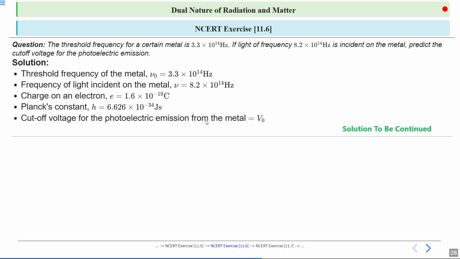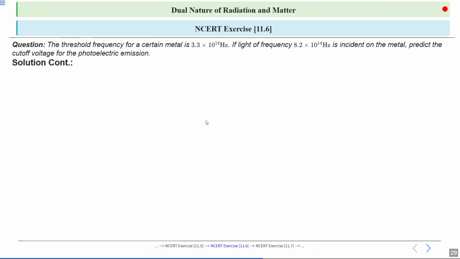Now to solve this, let's start by recalling the equation for the cutoff energy in the photoelectric effect. This equation relates the energy of the incident photons to the work function of the metal and the stopping potential or the cutoff voltage. So eV naught is equal to h into (nu minus nu naught).